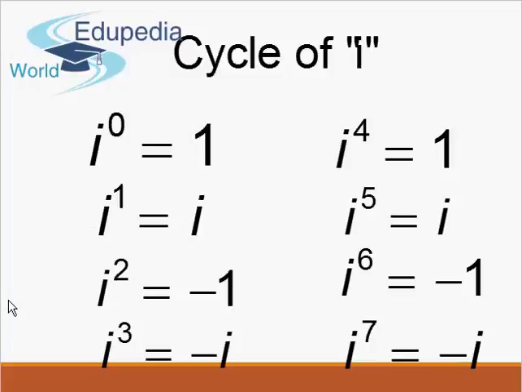Moving on. Now what would happen if i is raised to the power of 2, i squared? We know from the previous videos that i is equal to the square root of negative 1. If someone asks you what is i, you would say that i is the square root of negative 1.